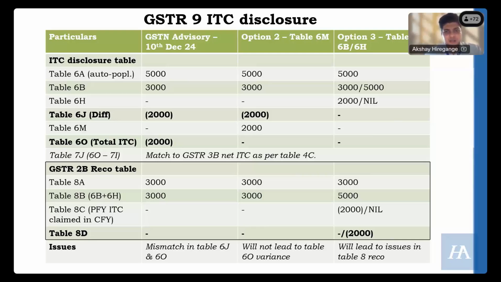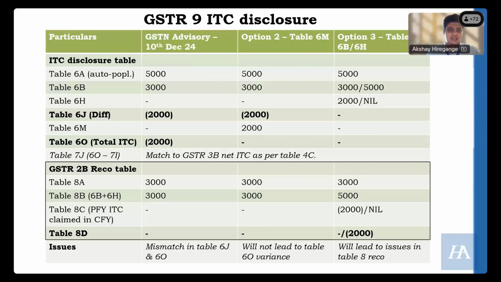In option number 2, the only change is you can show that 2,000 in table 6M to ensure that the total ITC matches in table 6O. What is the implication of this? I do not see any additional implication of this. In both the situations, your GSTR 2B reconciliation in table 8 is not affected.